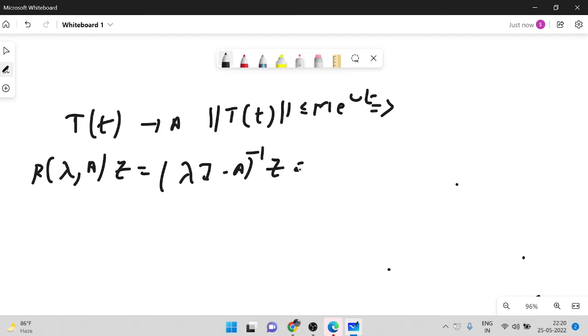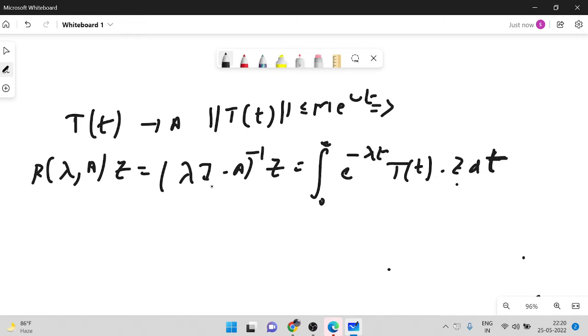If you remember your identities from Laplace transforms, this equals the integral from 0 to infinity of e^(-lambda t) times the semigroup T(t) z dt.